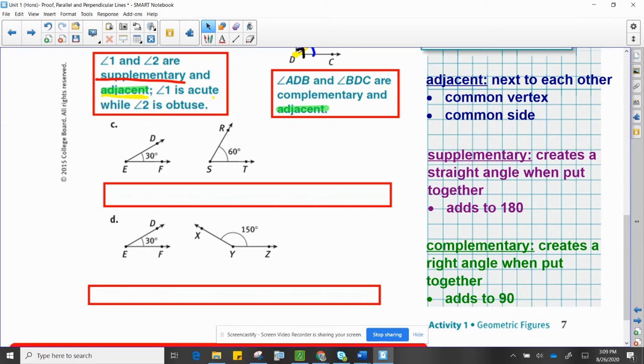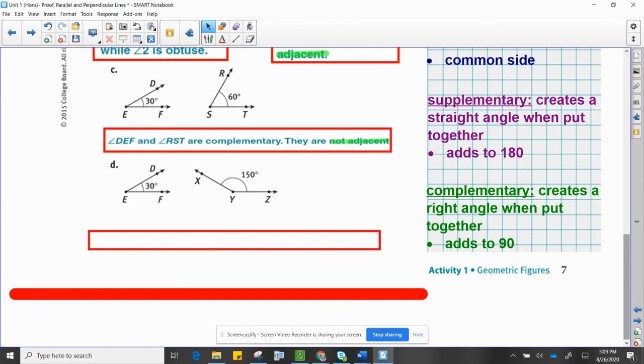But take a guess. Okay, if angle DEF is 30 degrees and angle RST is 60 degrees, we would call those complementary. And again, not adjacent because they are not together. They're not next to each other. Okay. And then we have angle DEF, comparing that with angle XYZ.